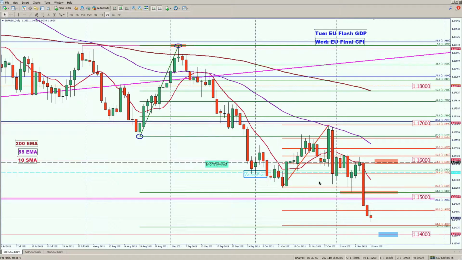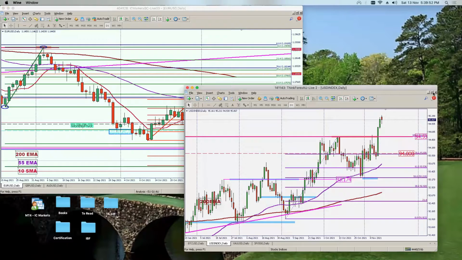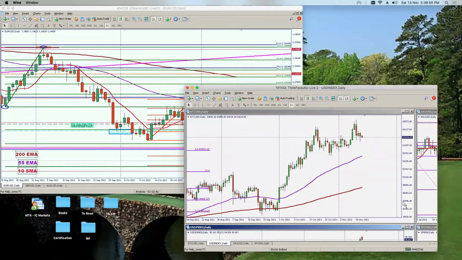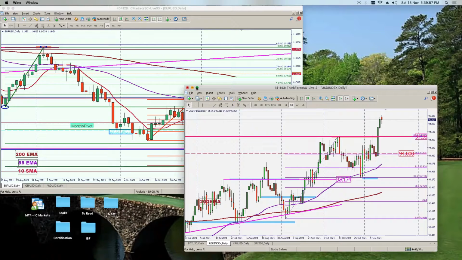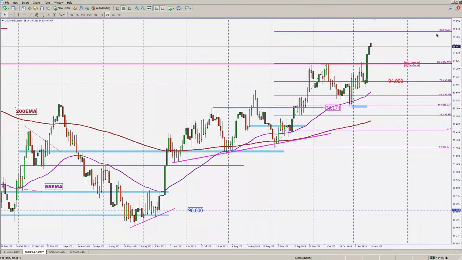We'll take a look at the US dollar index to see how the CPI figure, which was better than expected, boosted the US dollar. On the DXY, you see that it has punched through the resistance zone at the 94.50 area, went through, and is on its way to target the 138 fib extension.